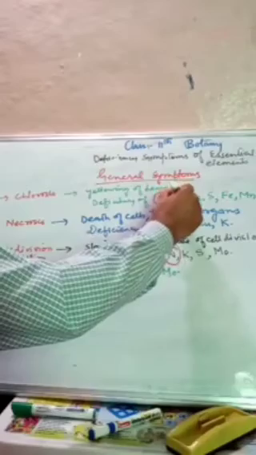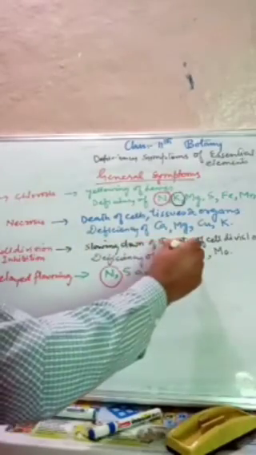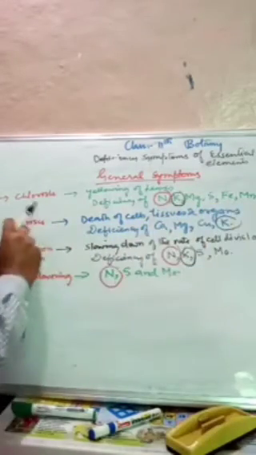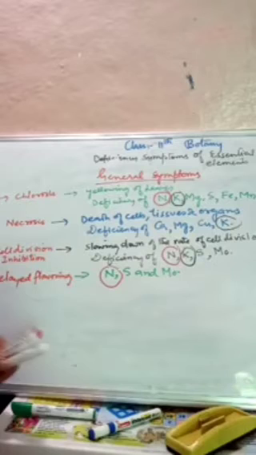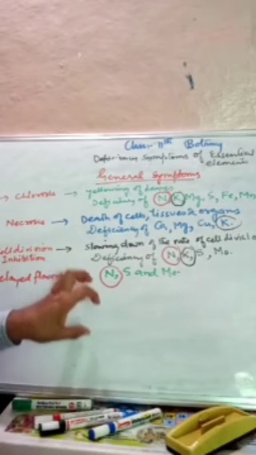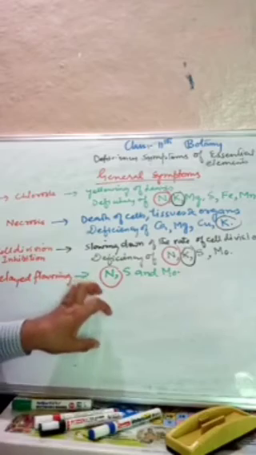Again, अगर हम एक और एग्जांपल लेंगे, potassium is responsible for chlorosis. This potassium, again, is responsible for cell division inhibition. This potassium is again responsible for necrosis. So we can conclude that the deficiency of one element can have multiple effects, not only one effect.